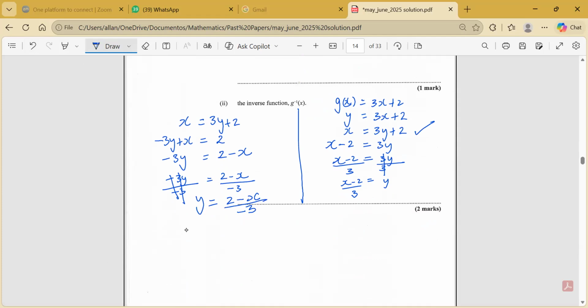You either have your g inverse x equals 2 minus x over negative 3, or here you have g inverse. Okay, Jedidiah, you could have two answers. Right, so either one is correct.